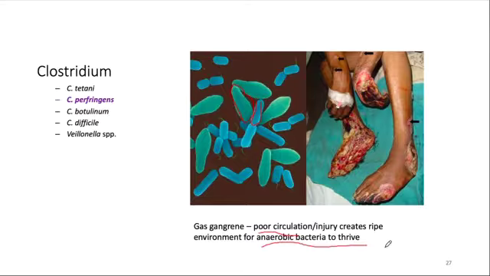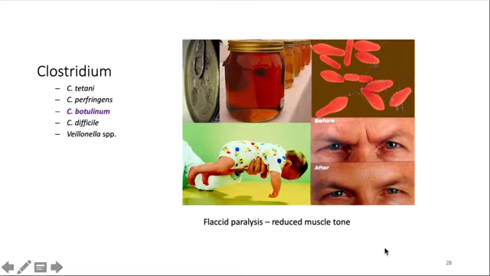C. perfringens is also implicated in common food-borne diarrhea. Then Clostridium botulinum is a spore-forming bacterium as well. As you can see, there are the spores in there.